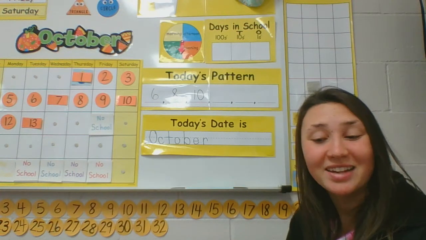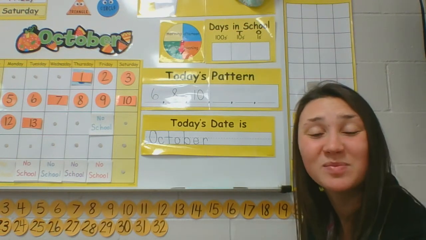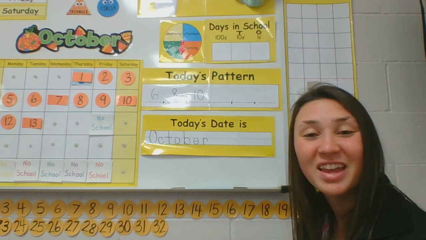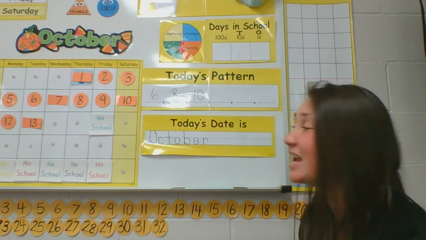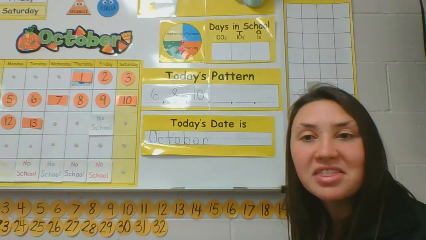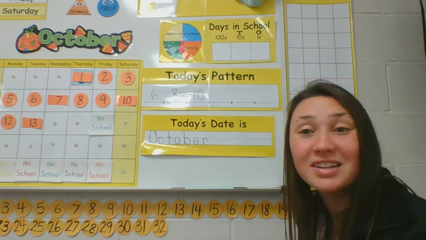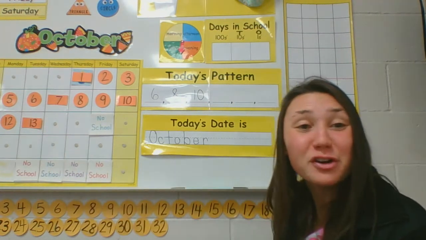What do we do next after the month when we're writing the date? What comes next? Yeah, the day, the number of the day. And as we said before, we're on the 13th.